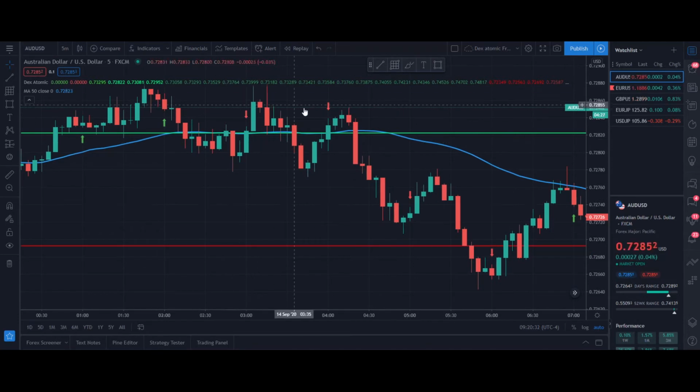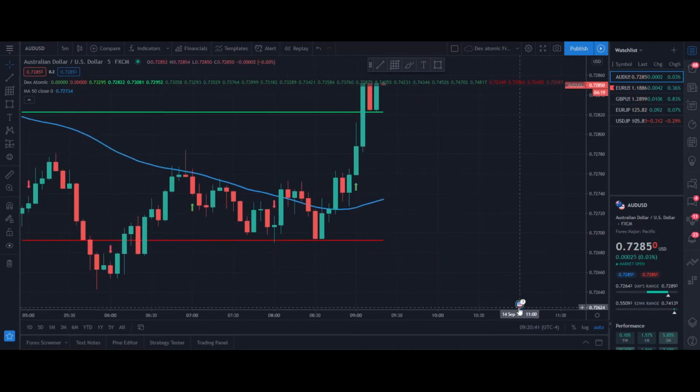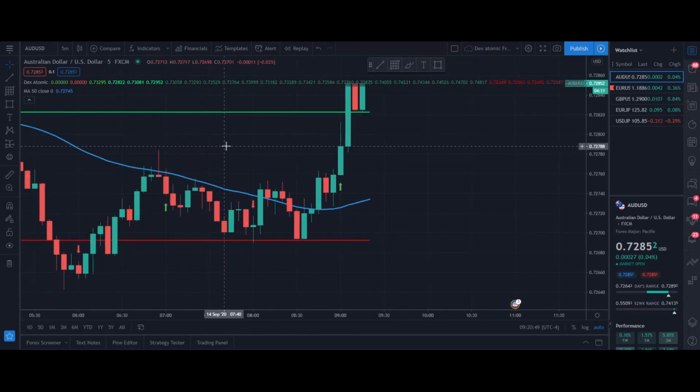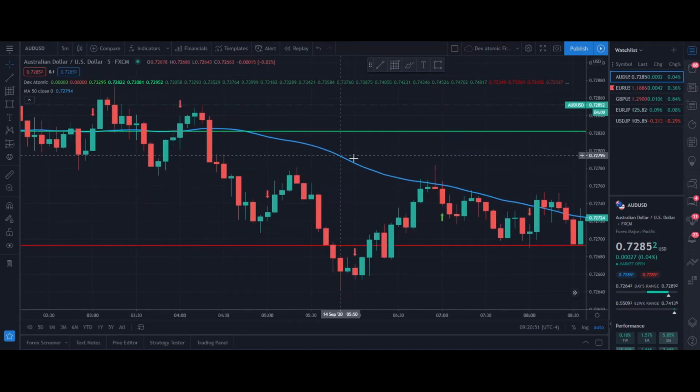Using the TradingView system, you have a great set of tools to know what things are coming up. You'll see down here this little news button. It'll tell you what time news is coming up. So as long as there's no news buttons down here, you might be okay at that point if you're doing news avoidance.